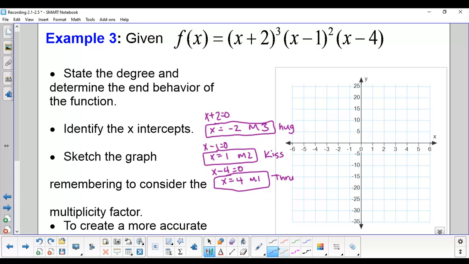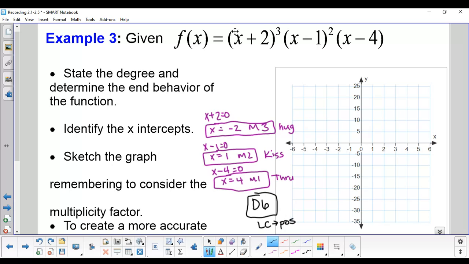So next up, I'm going to state the degree. Now, I know I'm kind of doing this in a slightly different order, but the degree of this polynomial is going to be 3, 4, 5, and 6. This is a degree 6 polynomial. Now, it's a degree 6, and the leading coefficient is going to be positive.